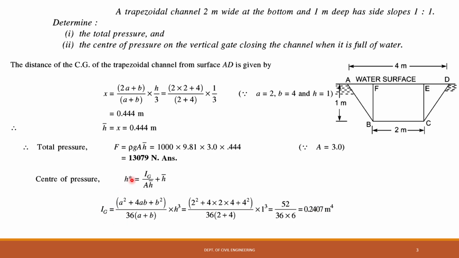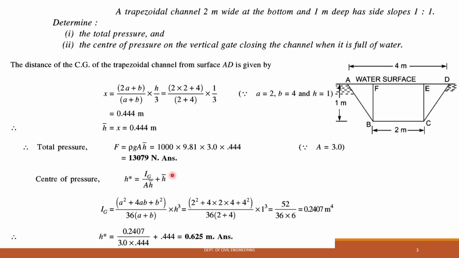You got Ig value, substitute the values in the H star equation, you will be getting H star as 0.625 meters. Okay. So this is the value of H star. So you have found out the total pressure F and center of pressure H star. Hope the question is clear.